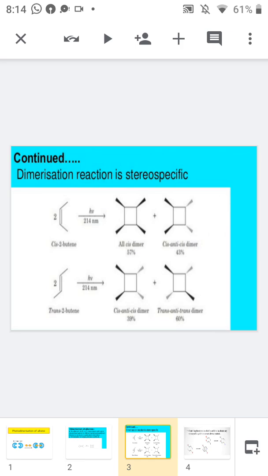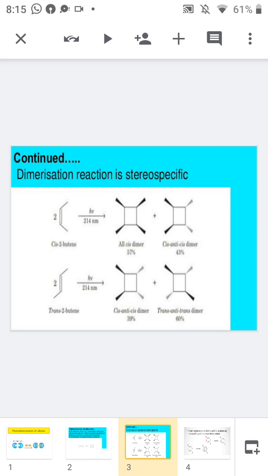The dimerization reaction is a stereospecific reaction and we will get a specific product. Okay, so consider the example cis-2-butene. During the dimerization, cis-2-butene adds to cis-2-butene in the presence of UV light, 214 nanometer, and we will get two products, that is cis-dimer and cis-anti-cis dimer.